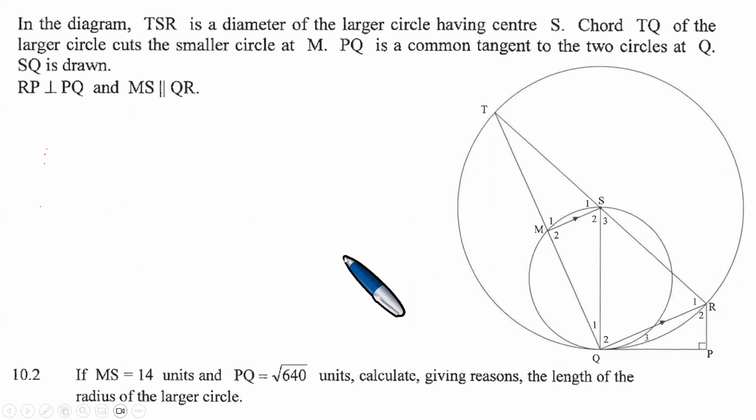10.2. This one is yours because it's too easy. You have been told that MS is 14 units, and PQ is the square root of 640 units.